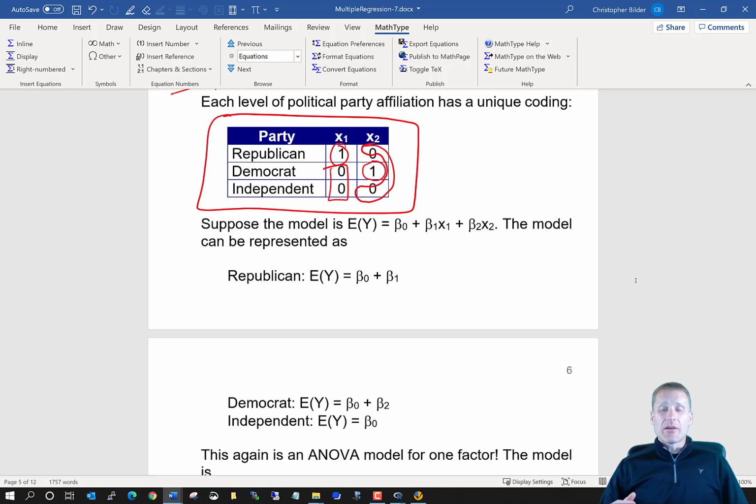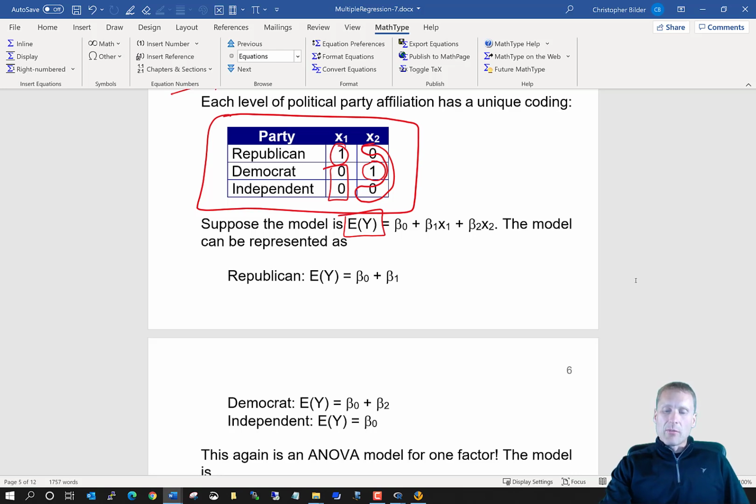Let's represent this now in our model. Perhaps Y could be GPA, maybe it could be income level. It could be lots of different things. What we want to do is look at the expected value of Y as a function of political party affiliation.